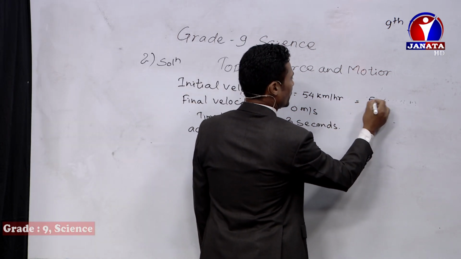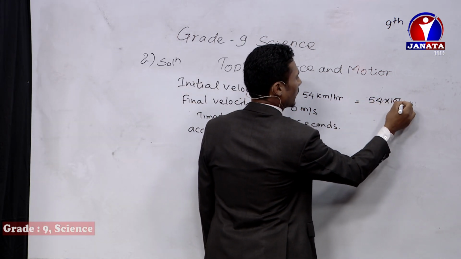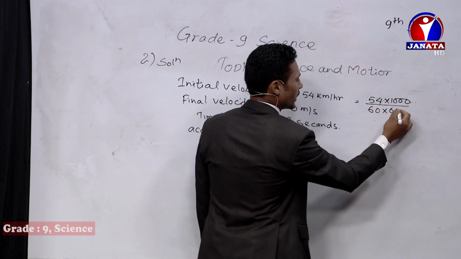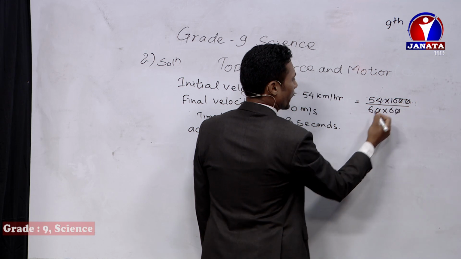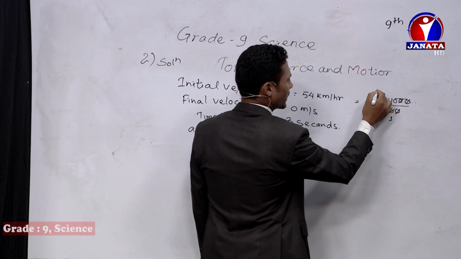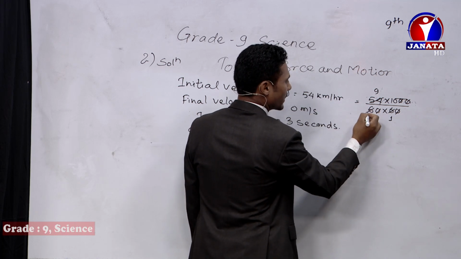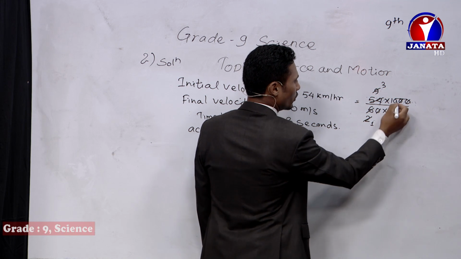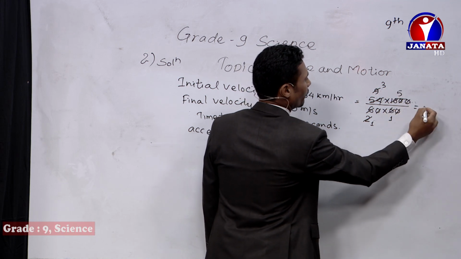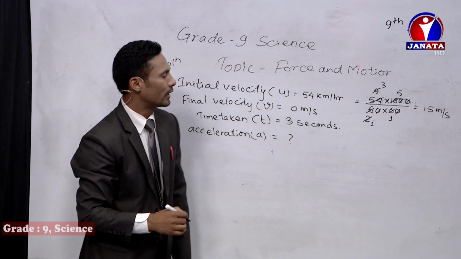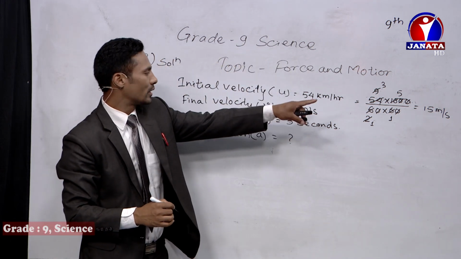That is 54 into 1000 divided by 60 into 60. So this and this cancel again. Six sixes are 36, and 6 nines are 54, and this gives 15 meter per second.